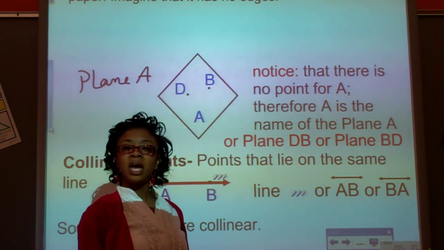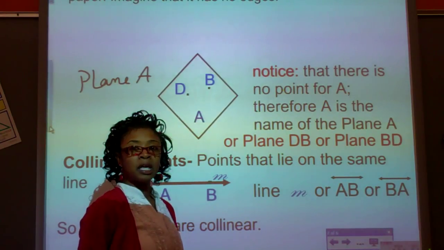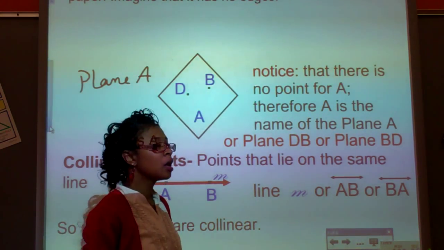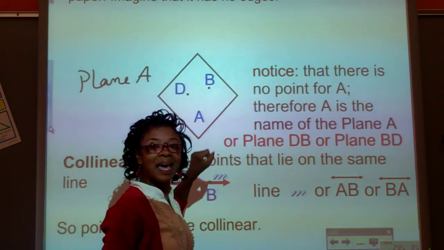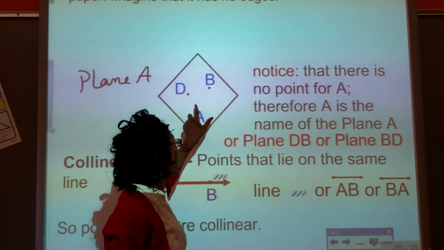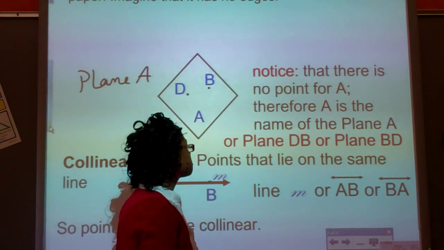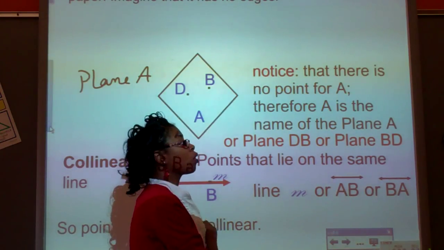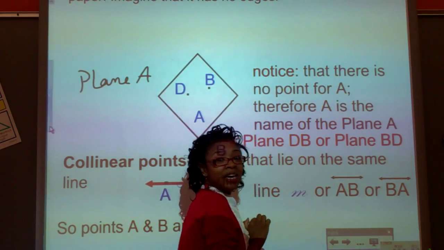That is not the only name that we can give this particular plane. We can also call this plane by its points. Because both point D and point B lie on plane A, we can also call this plane DB, or we can reverse the order of the points and call this plane BD.